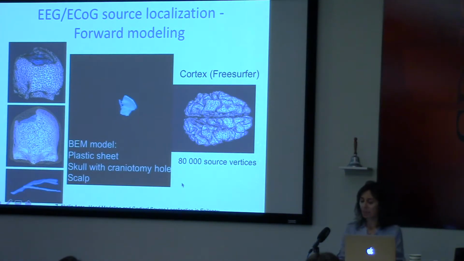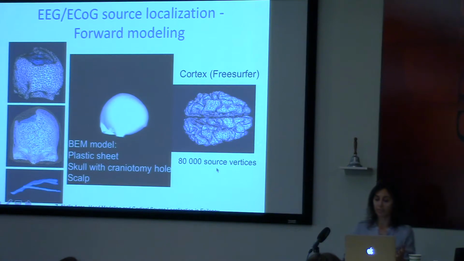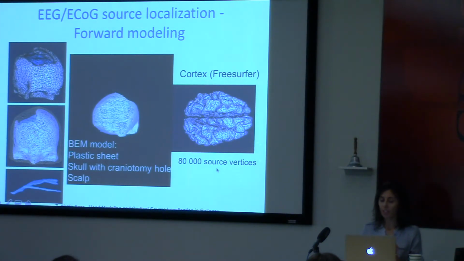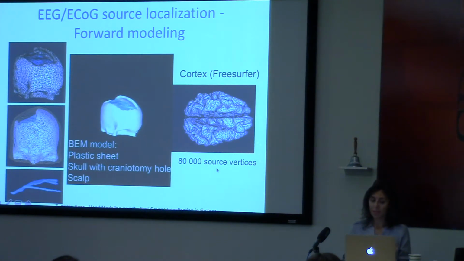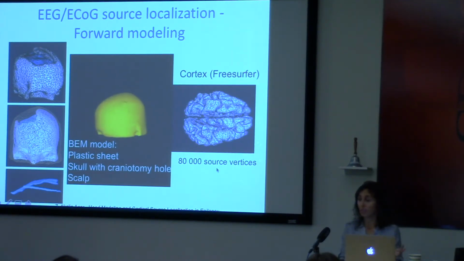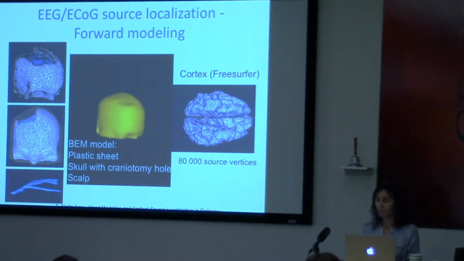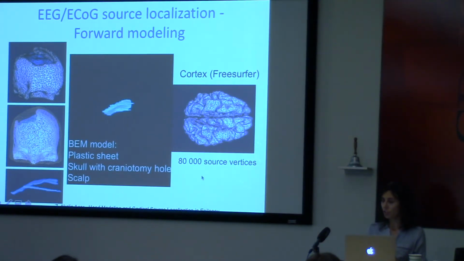I will give an example of inverse source localization for an epilepsy patient who was undergoing pre-surgical evaluation. This patient had a craniotomy, so part of the skull was removed.